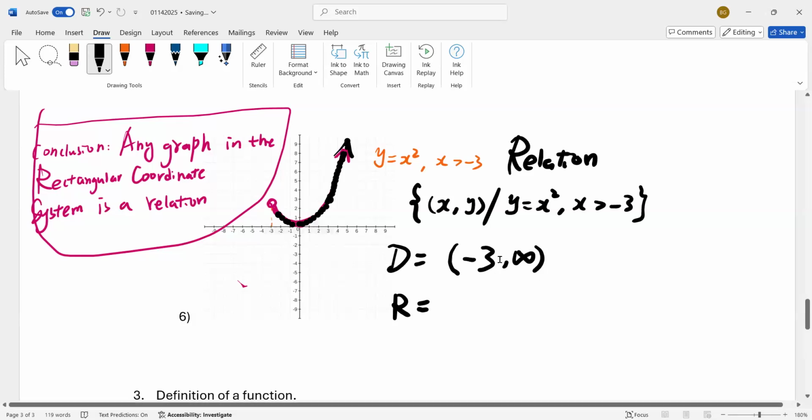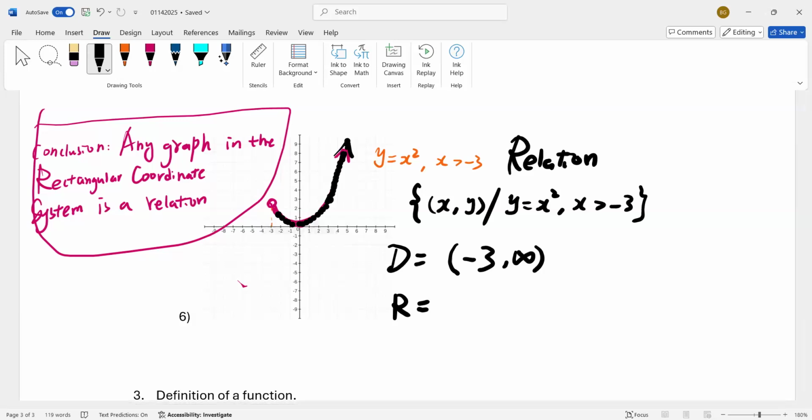So this interval means all the real numbers strictly bigger than -3. Do not include the -3 because at -3 we have a circle. If we had a solid dot, you would use a bracket. Do not worry about that. We have time to talk about that more later.